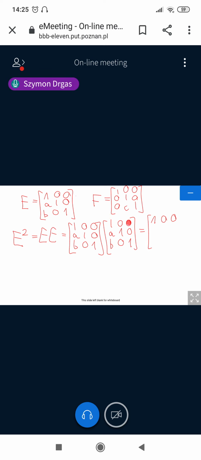You can see also that you have 0, 0, 1. So it means that the last column of this matrix is a linear combination of these three columns. So with coefficients in this column. So we have to multiply first column by 0 plus second column by 0 plus the third column by 1. So we can write 0, 0, 1.